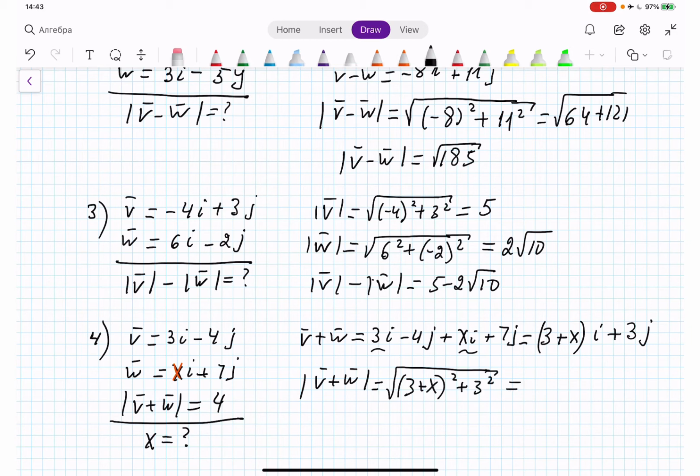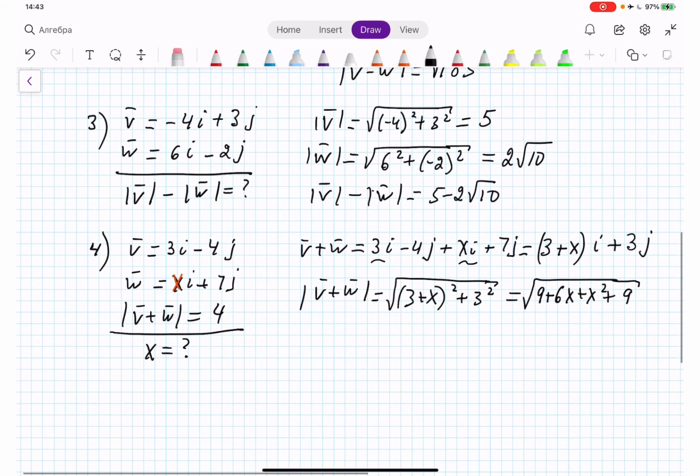So 3 plus x squared, it's a plus b squared, it's going to be 9 plus 6x plus x squared plus 9. Whoever doesn't remember how to square, perfect square, a plus b squared. Okay, and from here we are getting the magnitude of v plus w vectors is equal to the square root of x squared plus 6x plus 18. All I did was combine these like terms.